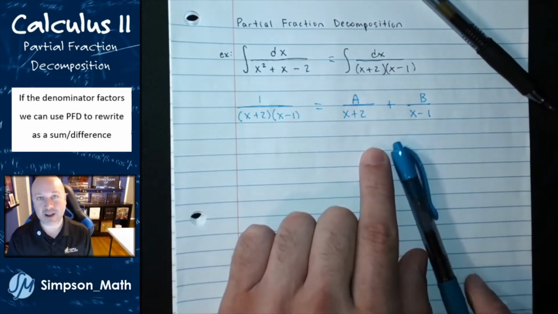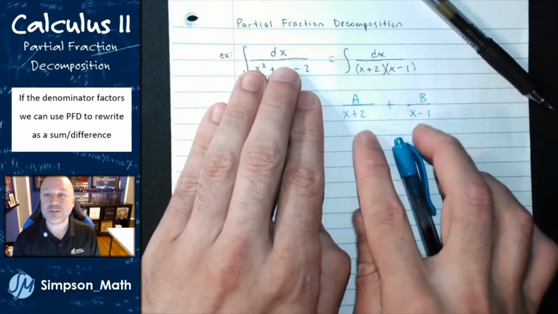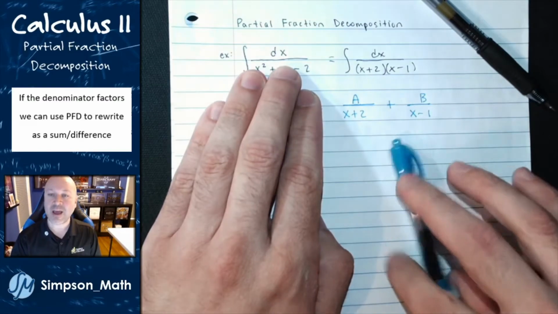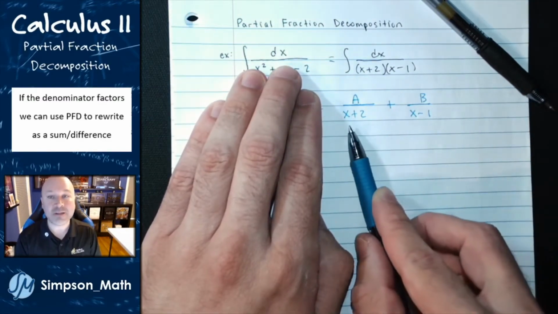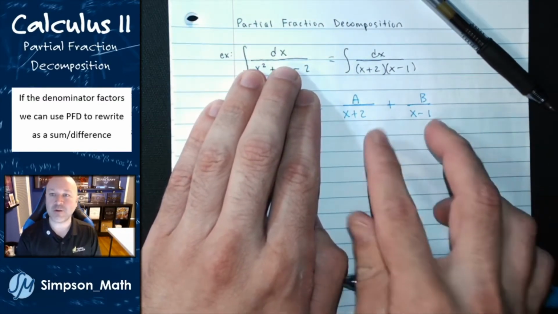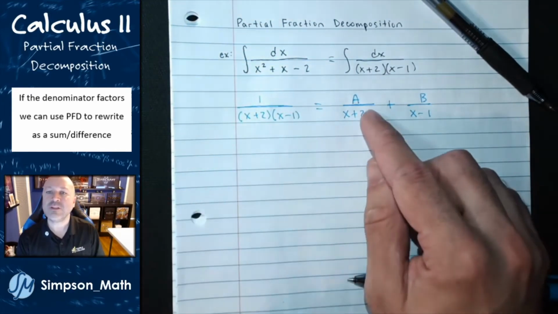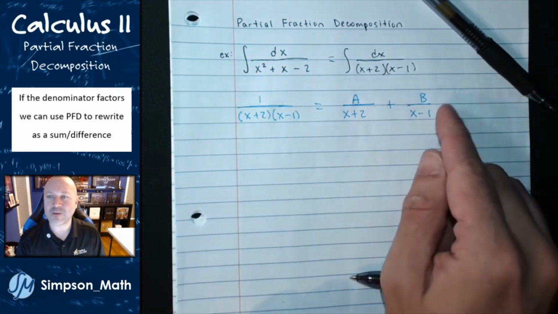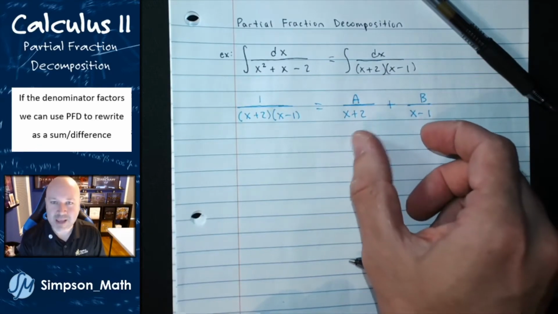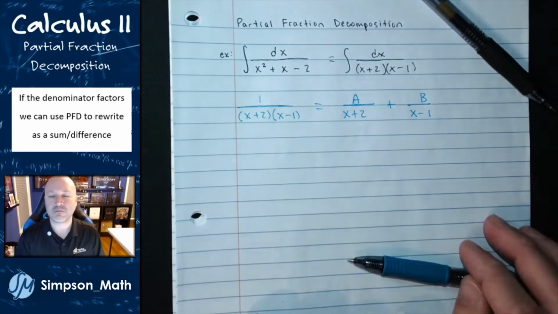If I was given the right-hand side of the equation, these two fractions, when I add them together, I would need to go off and get a common denominator. The common denominator would be their product. Bam. So I just need to figure out what values a and b would make this true.